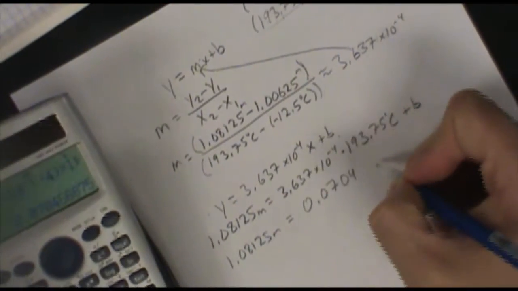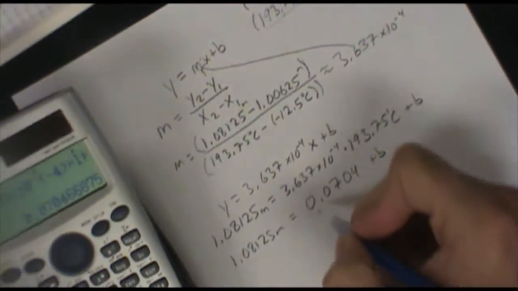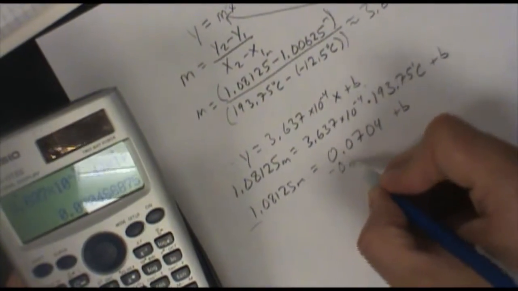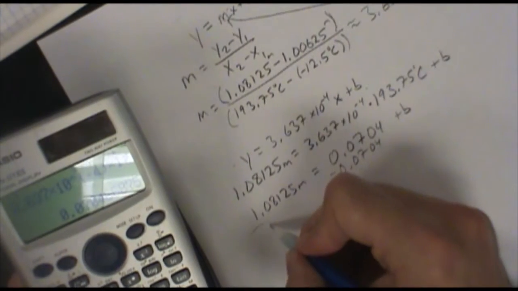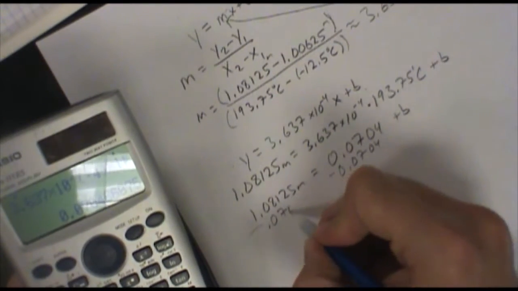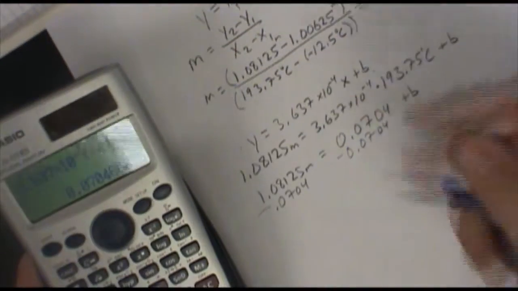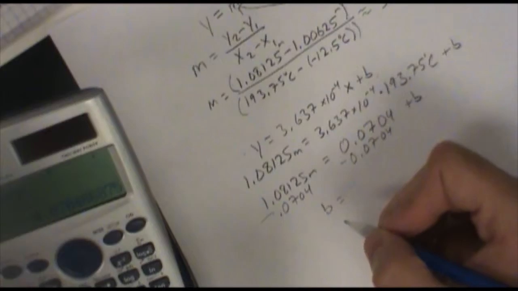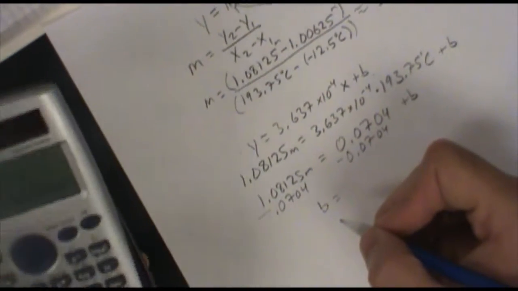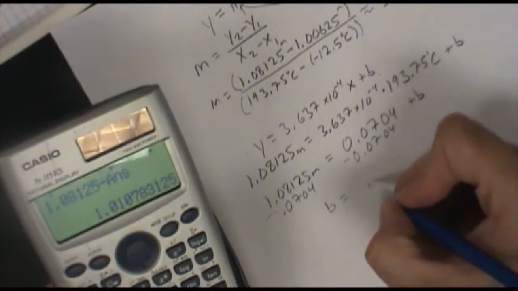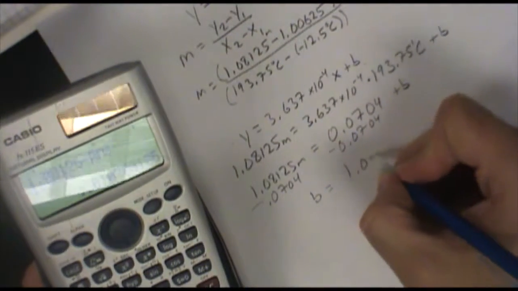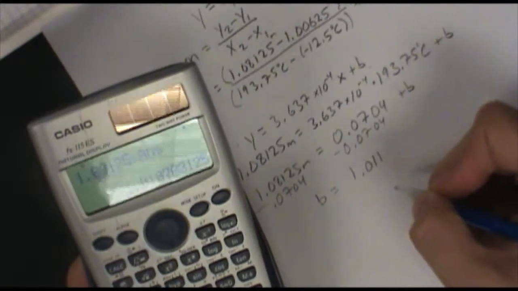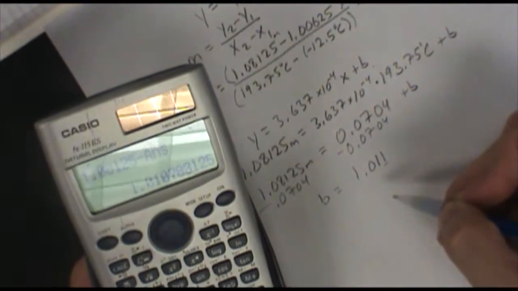There are more digits there that I'm keeping in the calculator. Plus b, I'm now going to subtract that whole value off of both sides. Subtracting that off both sides will tell me what b is equal to. And we find that b must be equal to 1.011. Since I get 4 significant figures, I round that off to the thousandth place.